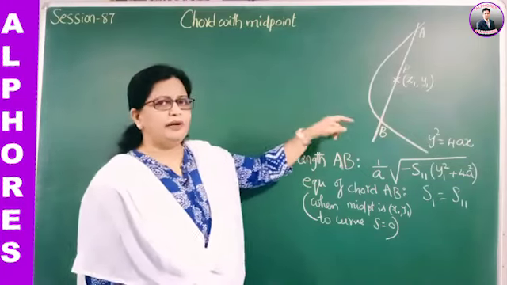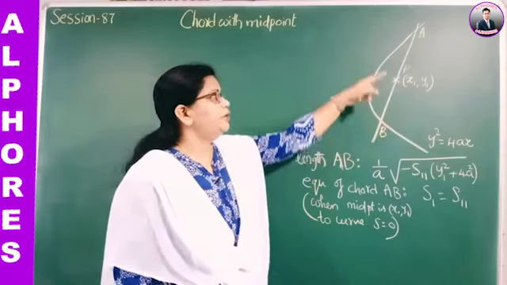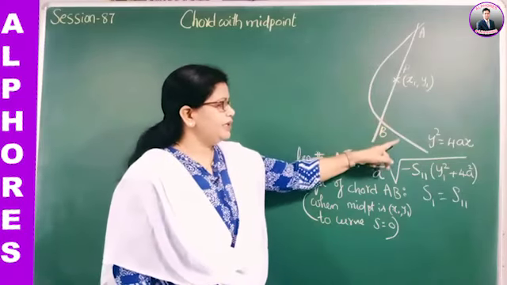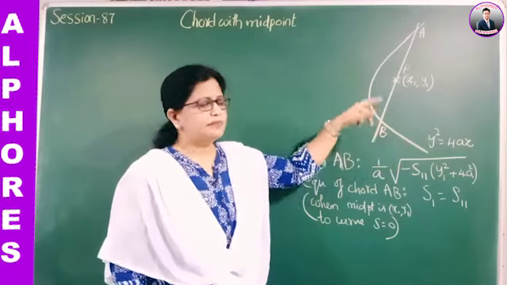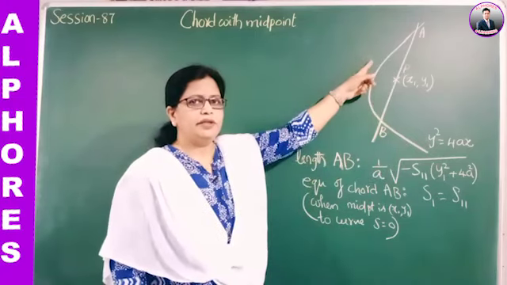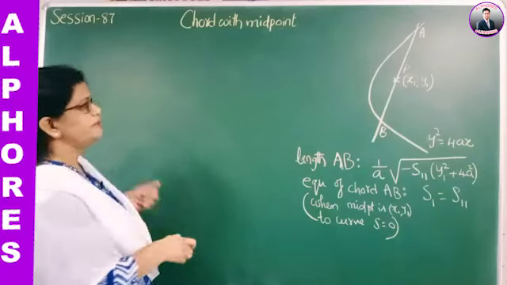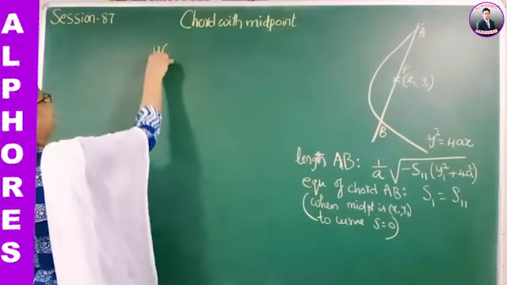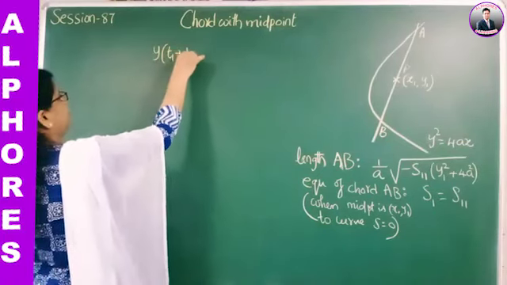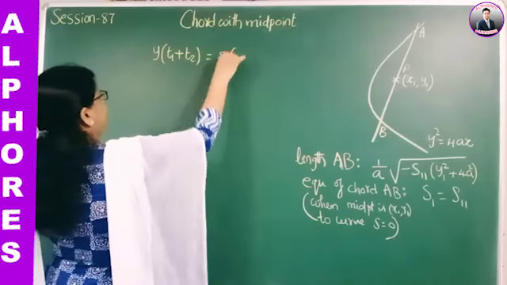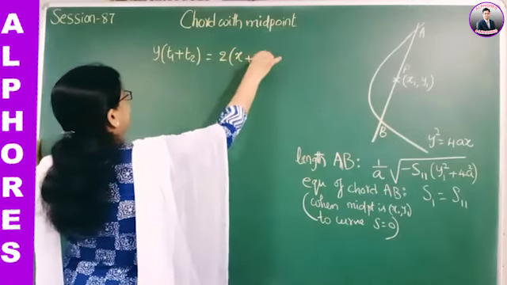Earlier we found the chord equation when the end points are given, particularly for the parabola y square equal to 4ax. We took the points t1 and t2, and thereby derived the equation y into (t1 plus t2) is equal to 2 into (x plus a t1 t2).